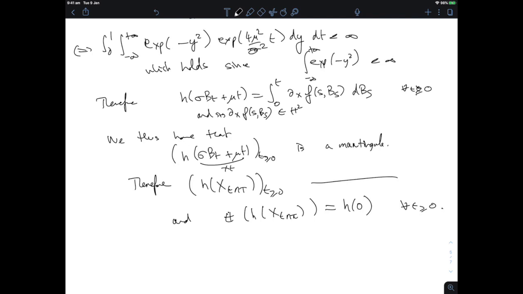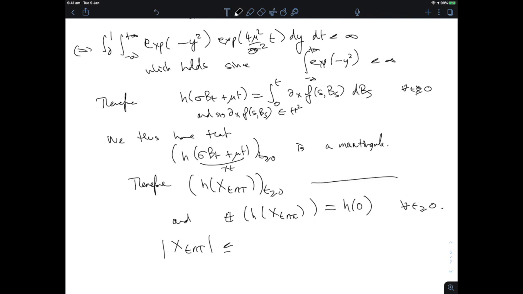Now, in the meantime, h of xt minimum tau is certainly always smaller than what? We have to remember what that thing is.